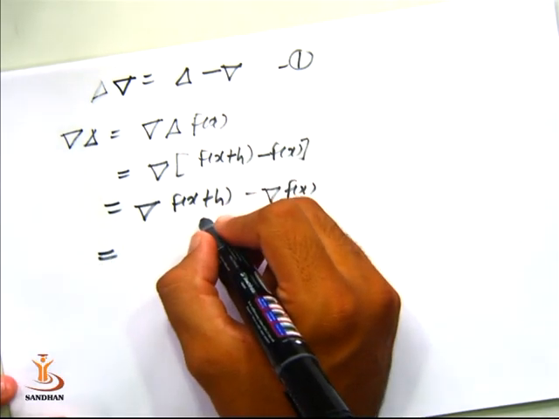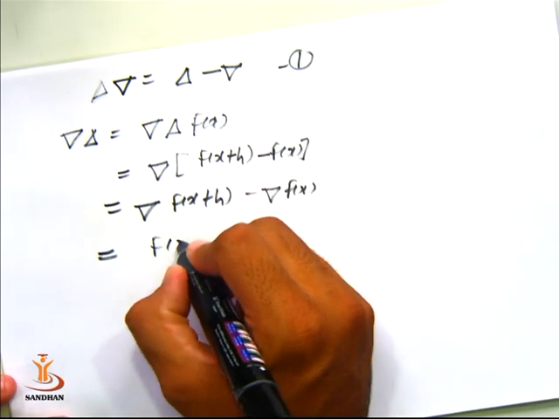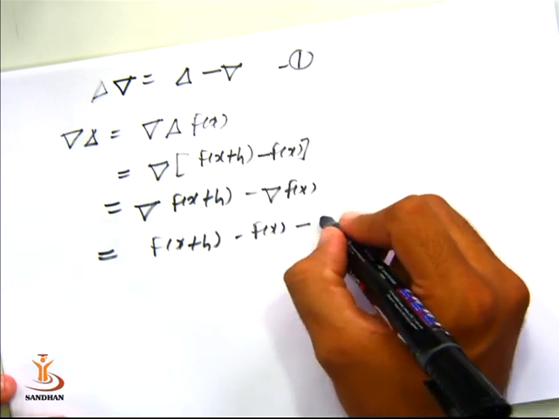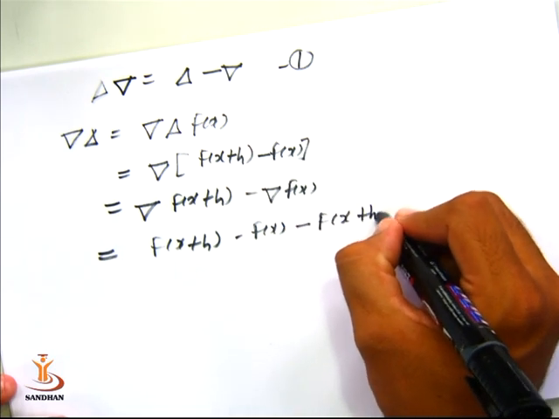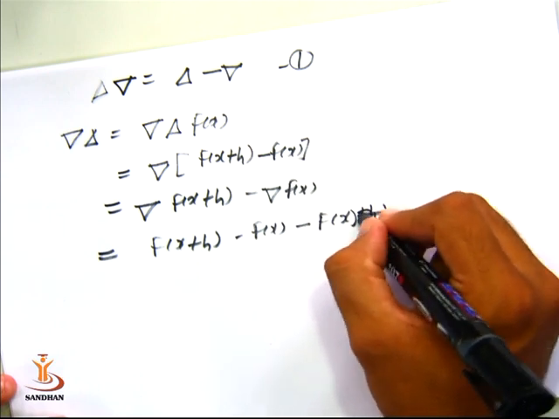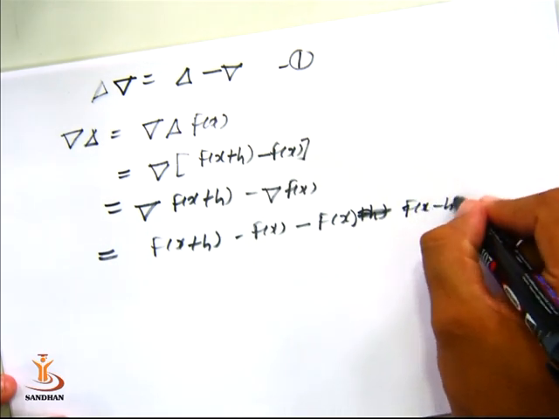Equals, now according to the definition of nabla applied on f(x plus h), that will be f(x plus h) minus f(x), minus, this would have been applied as f(x), sorry, f(x) minus f(x minus h).